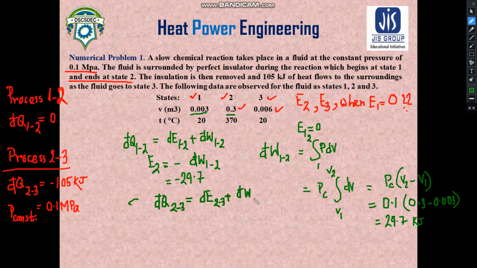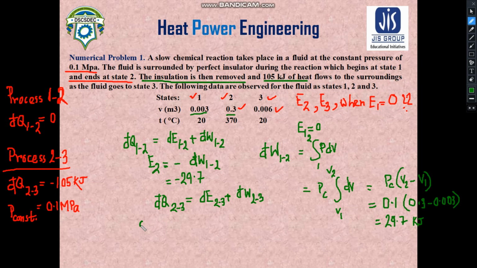So we have already found out the heat transfer for the process 2 to 3, and it was minus 105 kilojoule, because when the insulation was removed, 105 kilojoule of heat flowed to the surroundings.